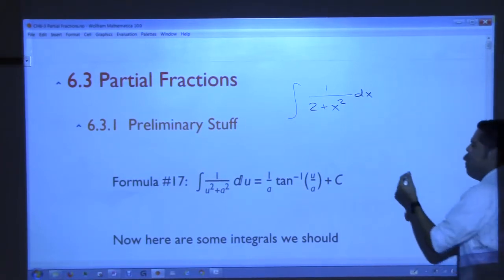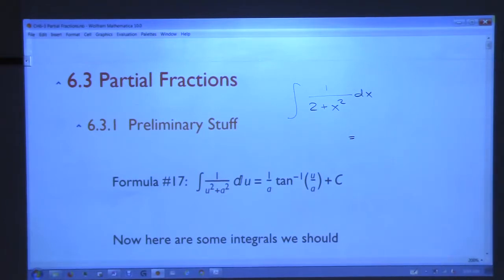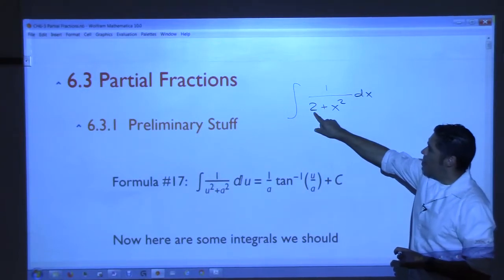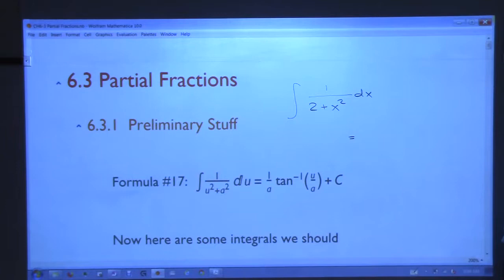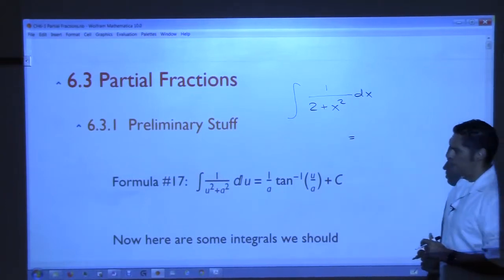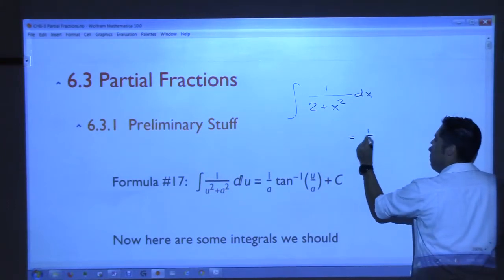So what would this be? What's A? That's got to be A squared, right? So A is the square root of that. So A is root 2. Understand? So this is going to be 1 over root 2.